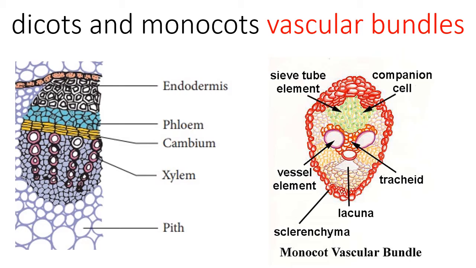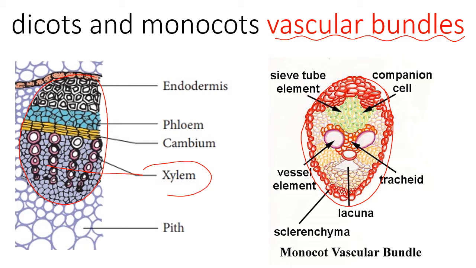Now we will understand the differences between dicotyledons and monocotyledons vascular bundle. If you look in this picture, this is vascular bundle of dicot and this is vascular bundle of monocot. In this case here, you will see this tissue that is called xylem.